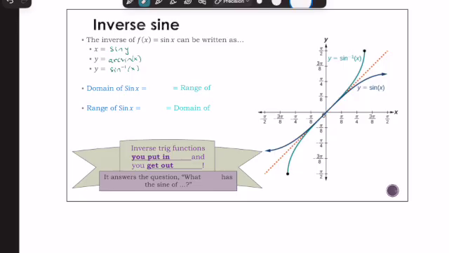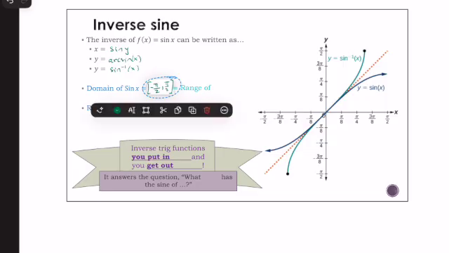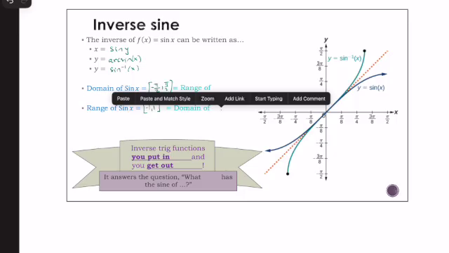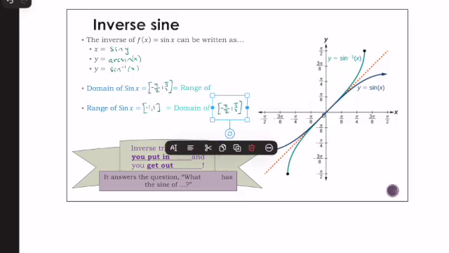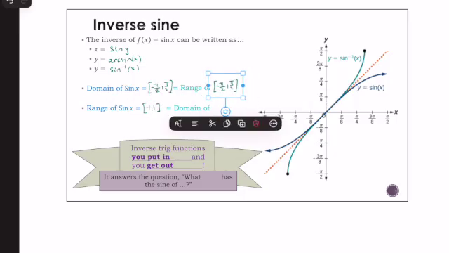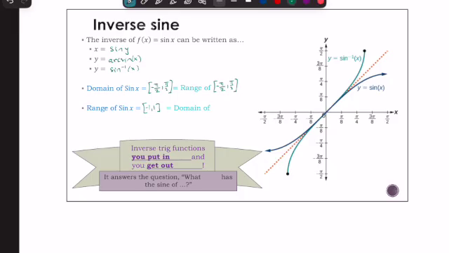And the domain of sine of x, well, we already kind of did all this, that we restricted it to was negative pi over 2 to pi over 2, and the range was negative 1 to 1, which I'll just copy and paste. So then that'd be the range there. It's just easier to write it.